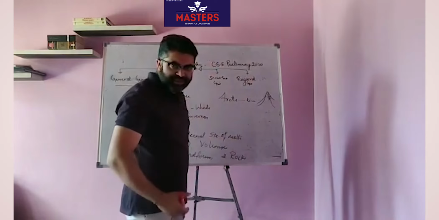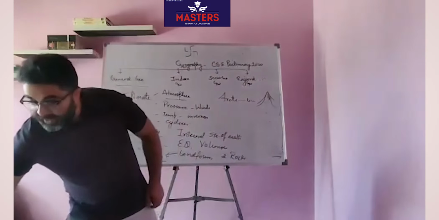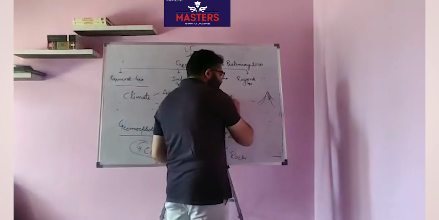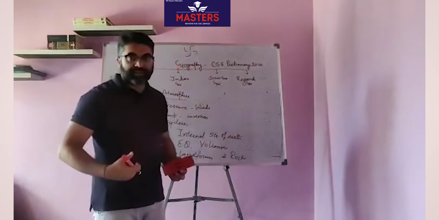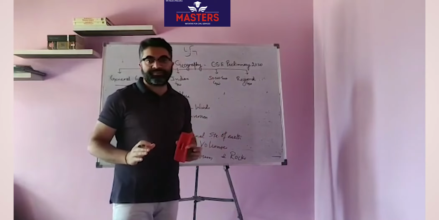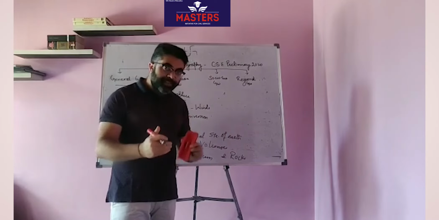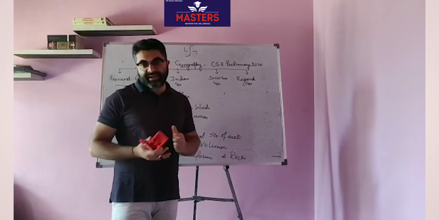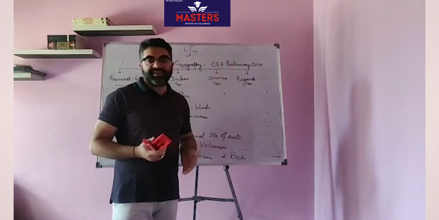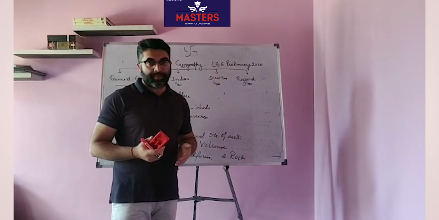Glacial landforms, how is it formed, and so on. And just make the list of these landforms and revise it 3-4 times. That should be enough. Otherwise, if you keep reading landforms, it will take a lot of time and you will not be able to match the timeline that we have suggested in the previous videos.